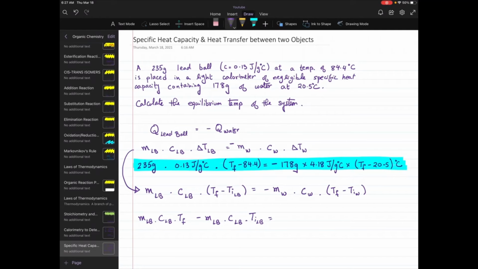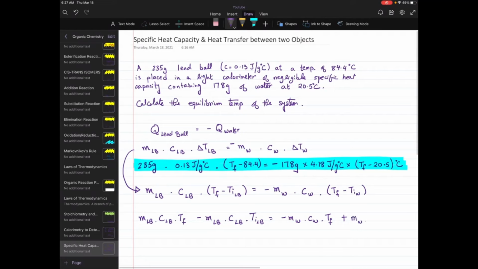So let's just keep this value here. So it will become negative MW times CW times TF, and there's a minus there, and now there's a negative, so minus minus will become plus. It becomes MW times CW times TIW.